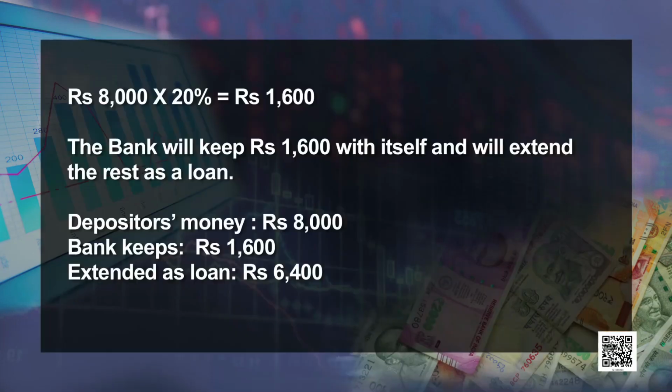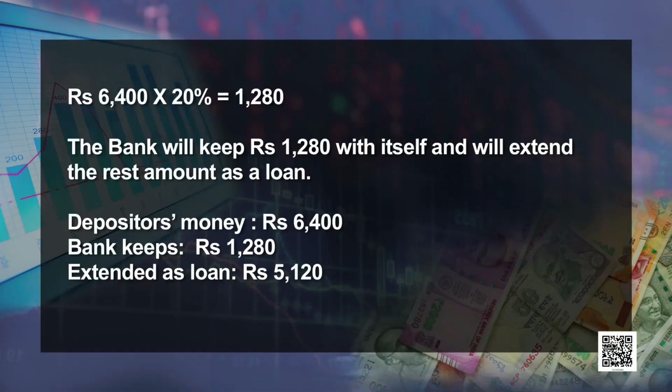That bank will also keep a part of the deposit received, that is 8,000, with itself and extend the other as loan. Now let's suppose this bank also keeps 20% of the deposit, that is 8,000 into 20% will give you 1,600. So the bank will keep 1,600 with itself and extend 6,400 rupees as loans. Now this cycle will continue with the next borrower. The next borrower will deposit that money into the bank because we are assuming that all transactions take place through the banking structure.